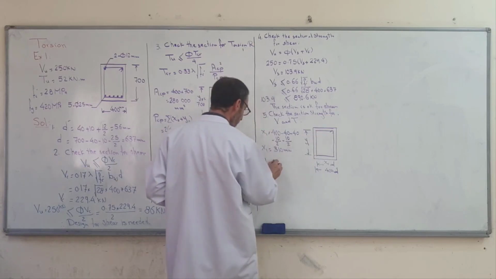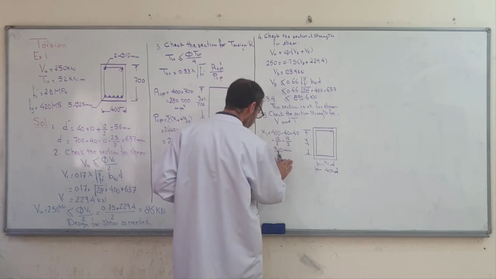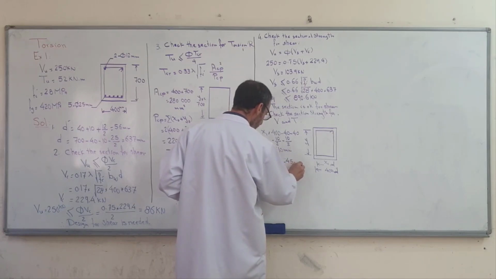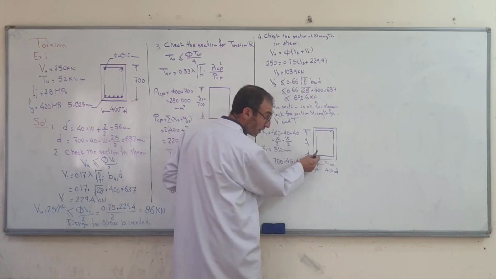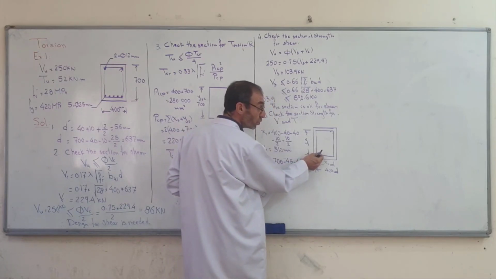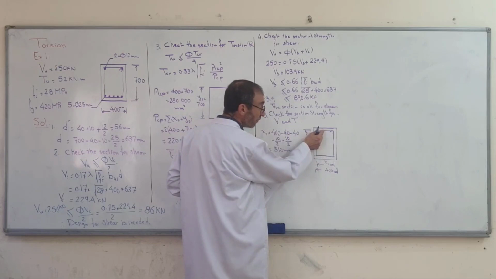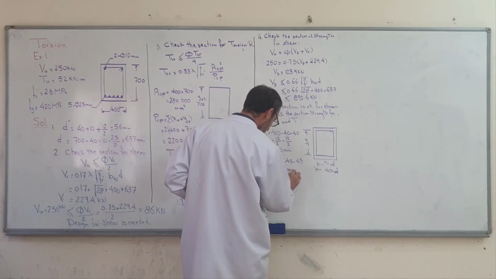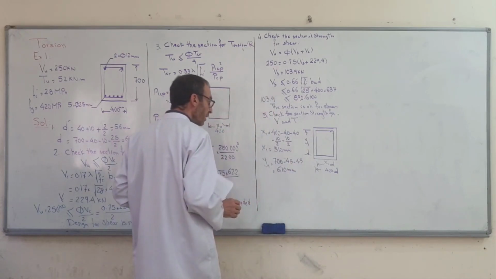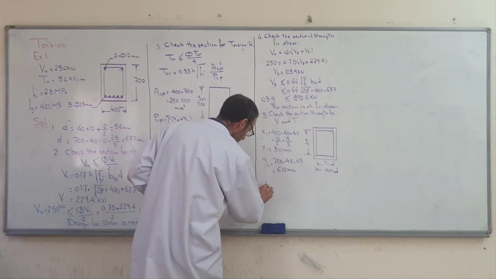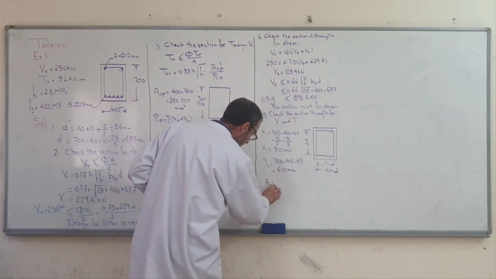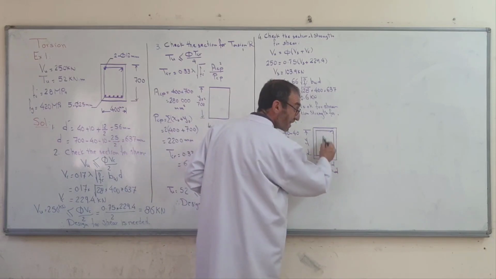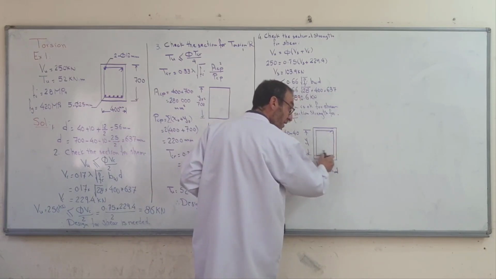So I found x1 and y1. Now it's easy to find Aoh, the area enclosed by the stirrups, with the steel bar, with the stirrups.